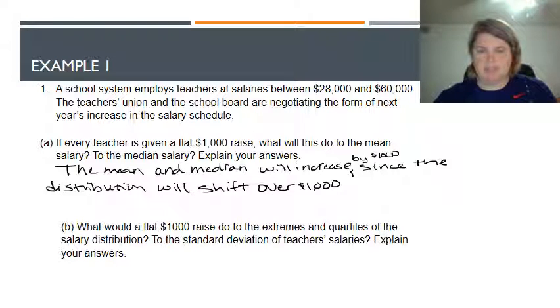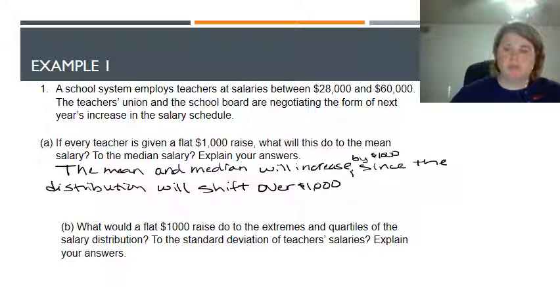So basically the entire distribution is going to move to the right 1,000 places. And so the shape of the distribution won't change, the spread of the distribution won't change, the entire thing will just move 1,000 numbers up. If you think of it like a number line, scoot up 1,000 on the number line. Therefore the mean and the median will also scoot up $1,000.